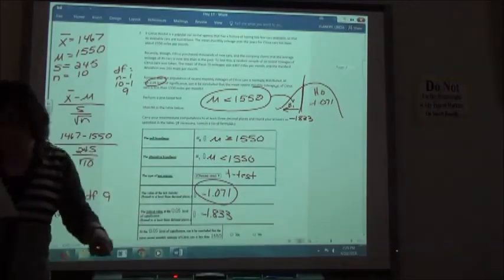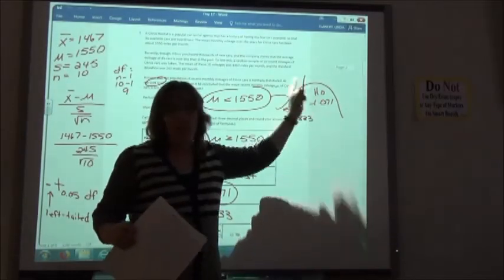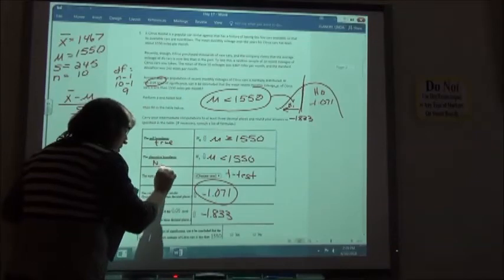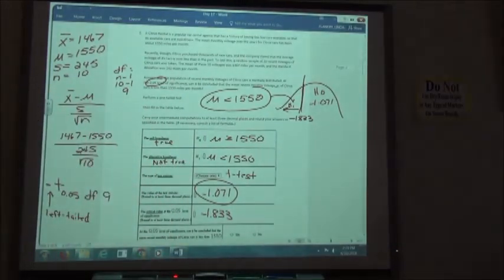So, we ended up being in this section with our null. That means this is the true statement, this is the not true statement. I'm going to word that. So, at this level of significance, can we say that the mileage is less than 1550?